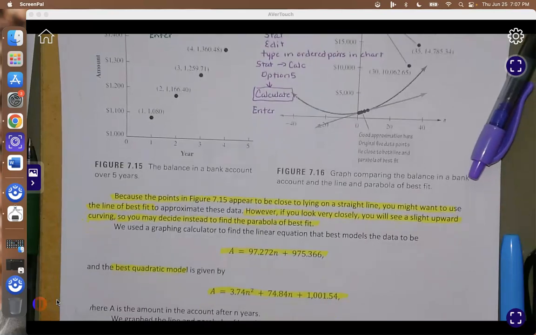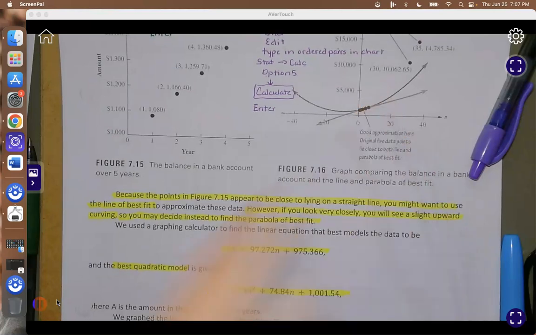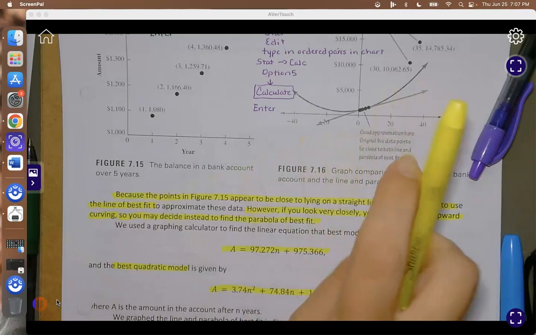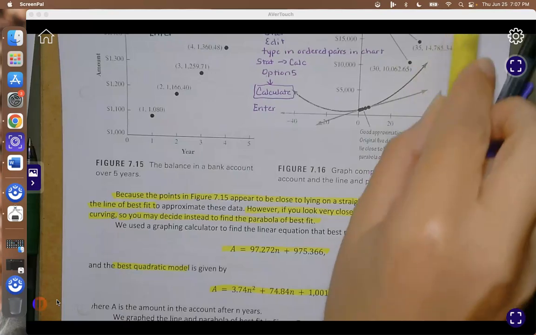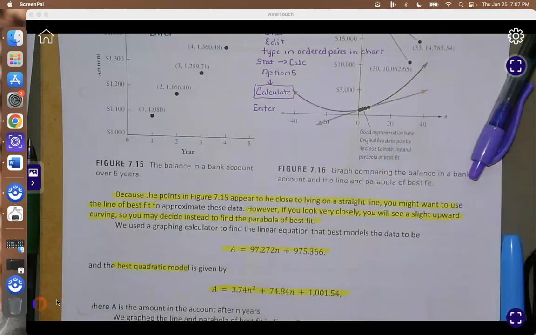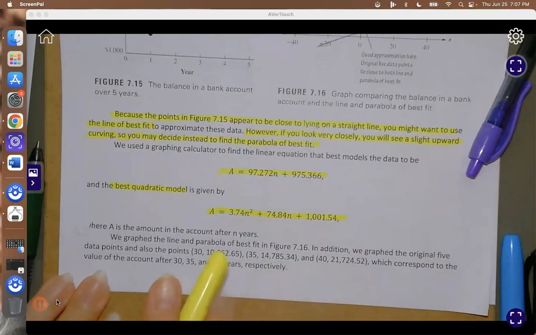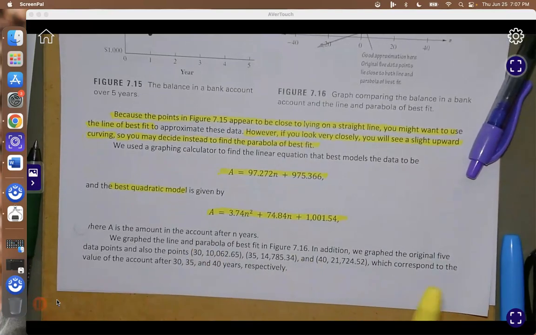Now, if we look at the points for this one, for figure 7.16, I want you to type in the ordered pairs listed, these ordered pairs right here that are listed. And then I want you to tell me the linear or the line of best fit and the quadratic or the parabola best fit.